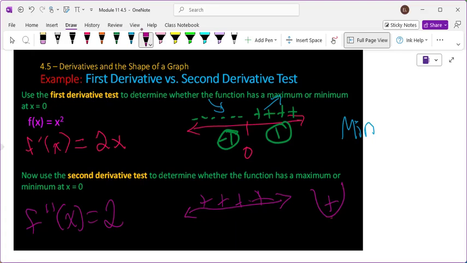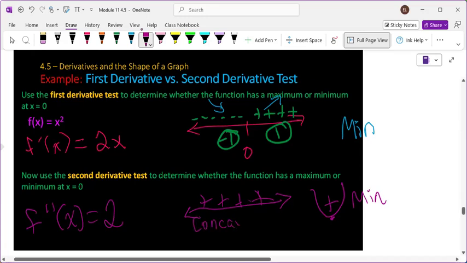So that also tells us minimum. You see the blue arrows I drew? It's down and then up. If you think about connecting them, then you can see the min better.